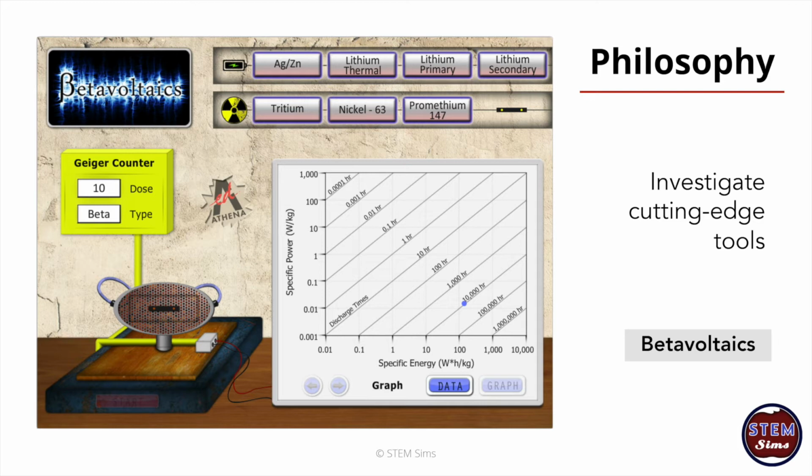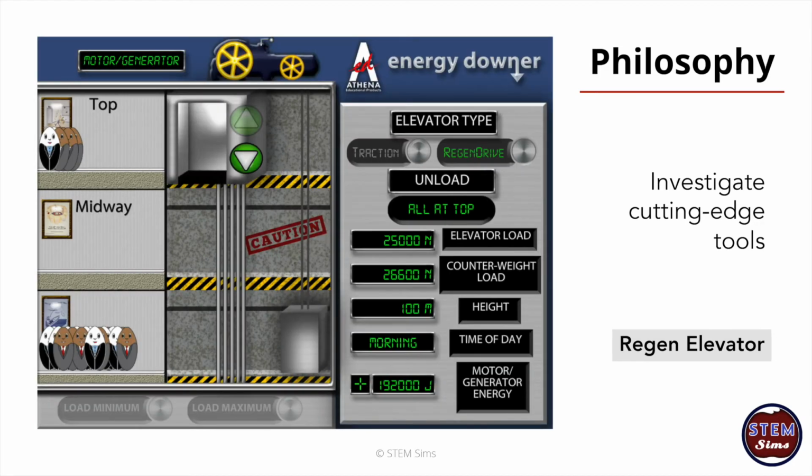For instance, in the beta voltaics module, students compare and contrast traditional and nuclear batteries for applications such as use in heart pacemaker devices. In the energy downer module, students investigate elevators that at certain times of the day generate more electricity than they consume. As you can see, these are not your typical laboratory experiences.